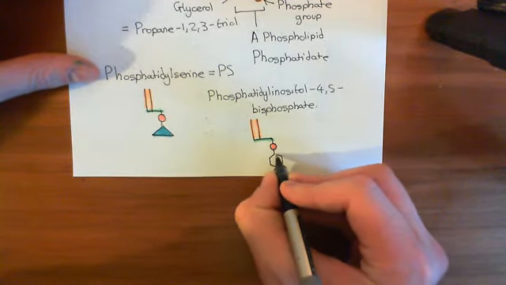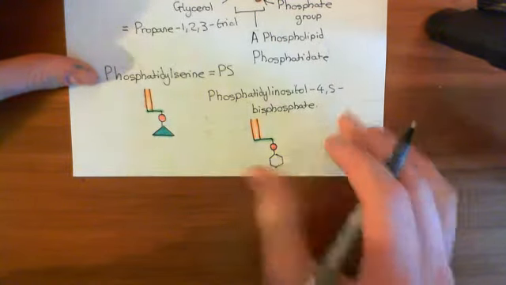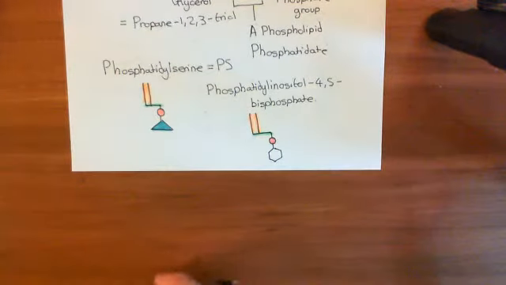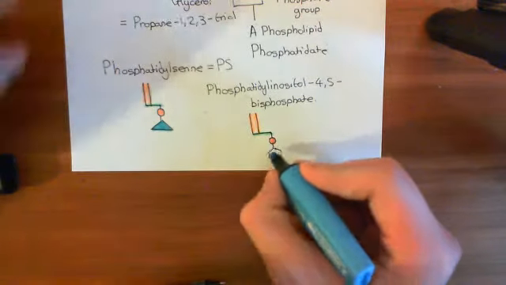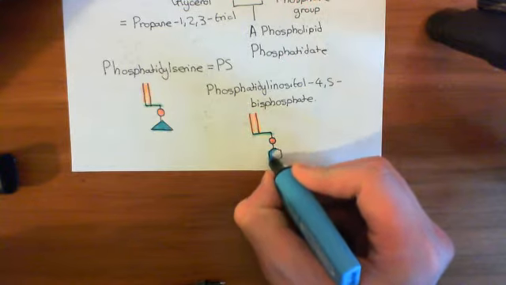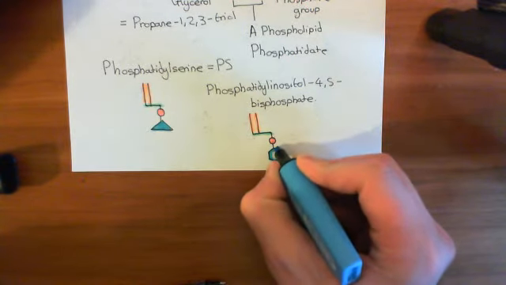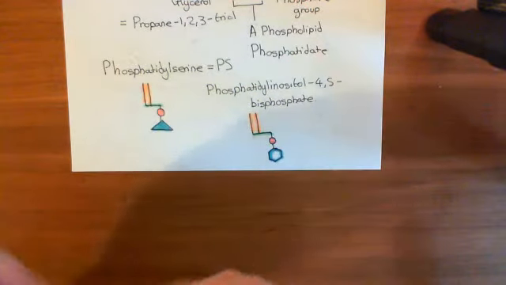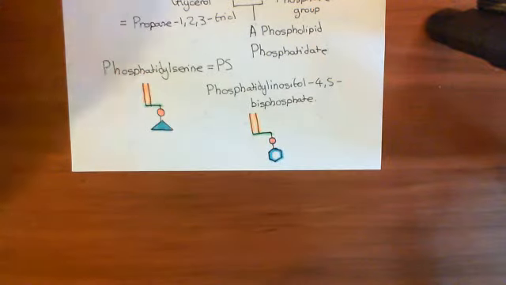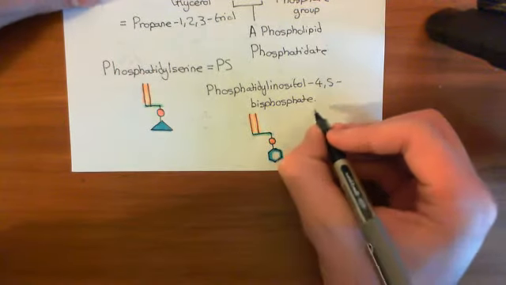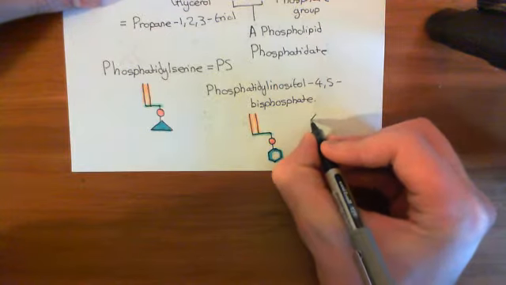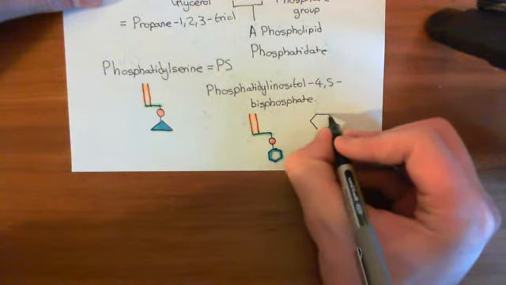Now, inositol is a molecule you might never have heard of other than in this molecule. Inositol is a 6-membered carbon ring, where all of the bonds between the 6 carbons are single bonds, and off all of those carbons you have an alcohol group. If I was to draw the skeletal structure of inositol, it would be like this.